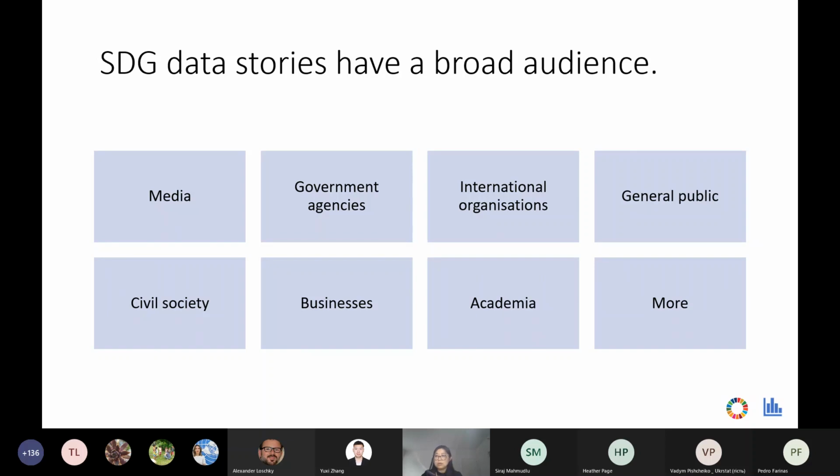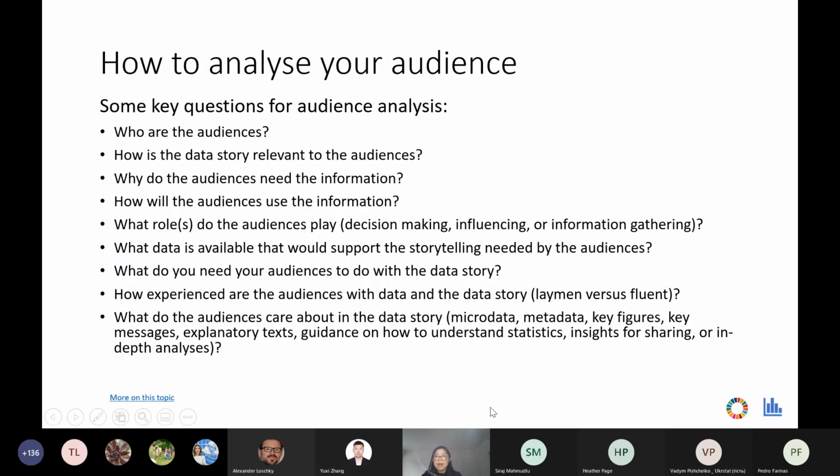And what's the solution to this challenge? You have to analyze your audience or your audiences much better. Here are some key questions that you could use in audience analysis. But there is one particularly important question that you need to ask yourself: how experienced are audiences with data in general and with the SDG data in particular?